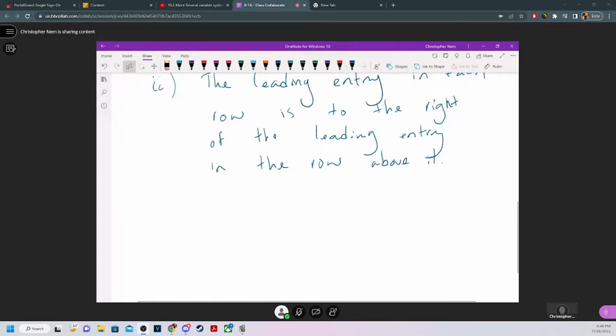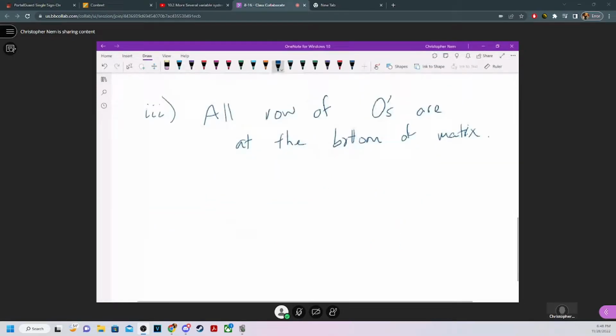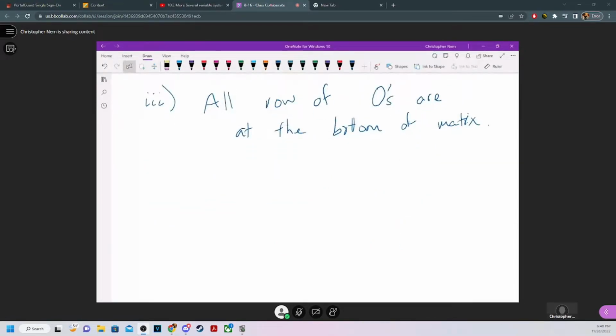And the final one is the easiest property. Sometimes you don't even have to worry about it because sometimes we don't have it. All rows of zeros are at the very bottom of the matrix.